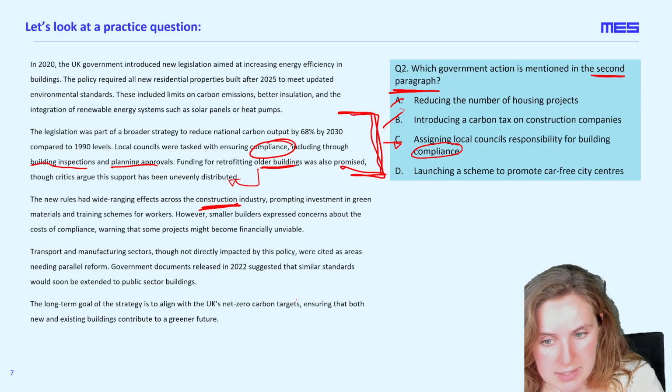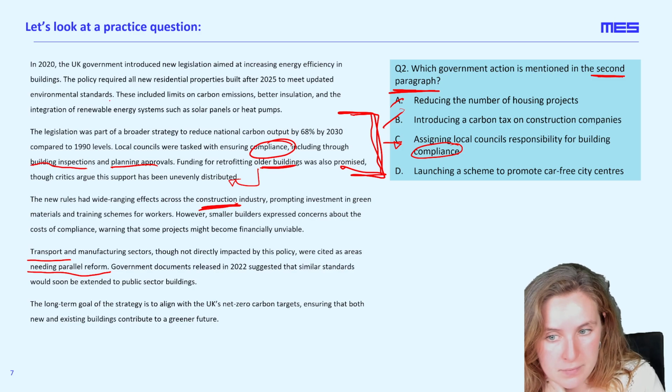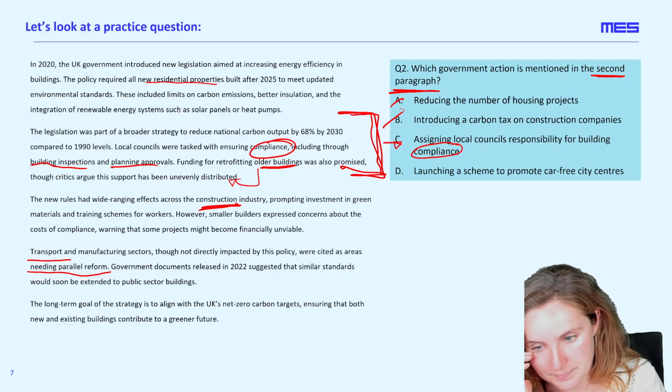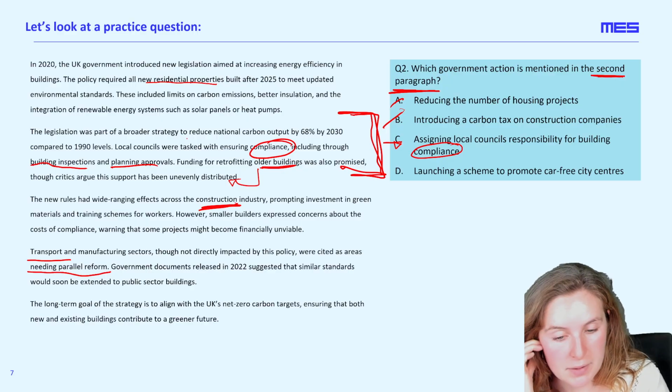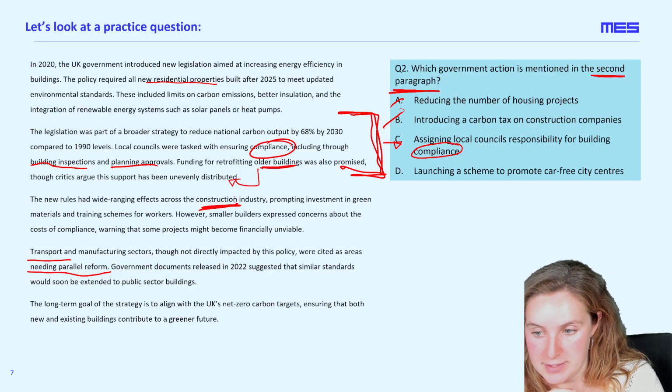We have not seen that, certainly in this paragraph, and we cannot see anywhere that that's referenced other than in the transport sector areas needing parallel reform, and these new residential properties needing to be updated. So perhaps that has to do with the city centres. But we know that this is not appearing in the second paragraph at all. So we know it's not D. We have to go with C.